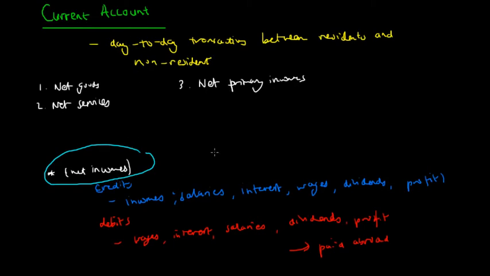So net primary incomes pertains to the credits resulting in income transfers, salaries, interest, wages, dividends, and profits coming into the country, minus the debits which relate to the wages, interest, salaries, dividends, and profit going out of the country. So this is paid abroad, and this is paid from abroad.